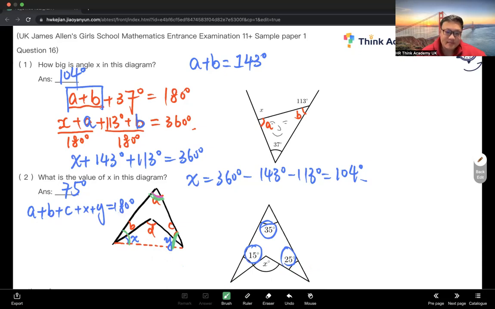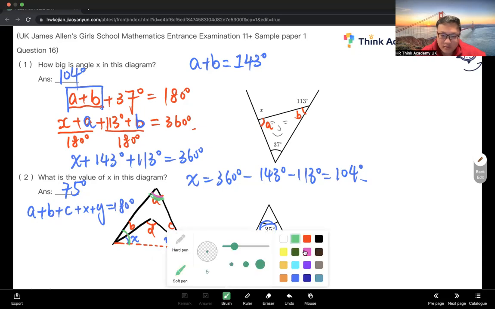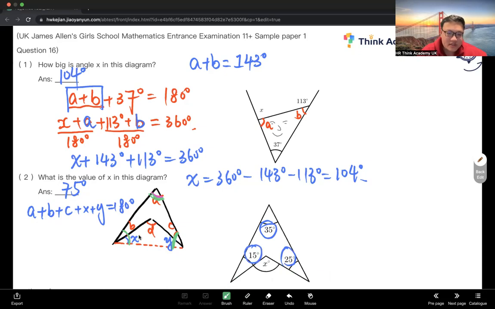Then you can focus on this small triangle, this obtuse triangle, which is D plus X plus Y, and it still equals 180 degrees. You see X, Y, X, Y, and they all add up to 180. That means D equals A plus B plus C. Does it make sense?